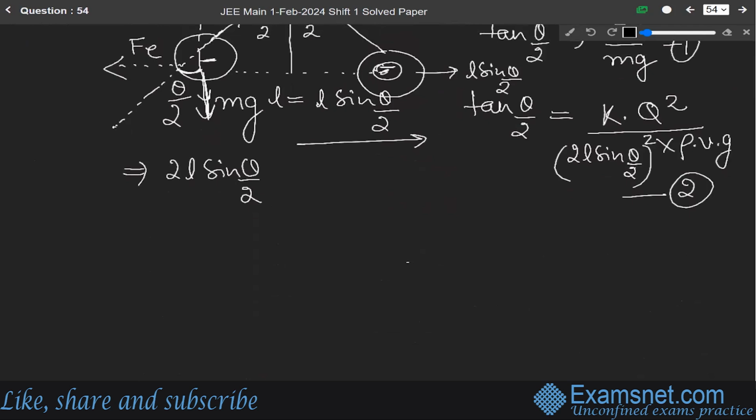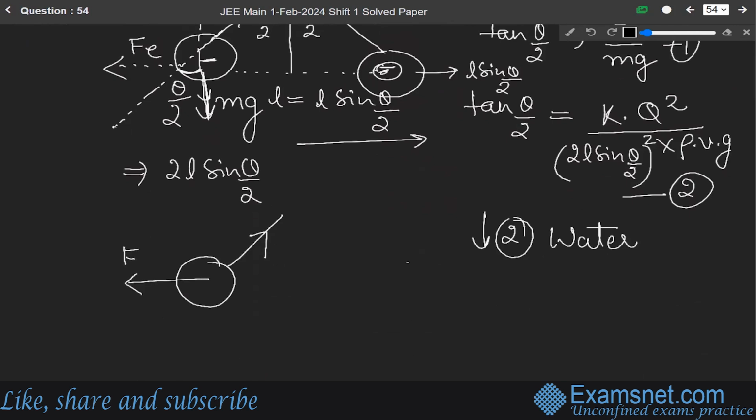So when this whole system is suspended in water, let us consider the second case as water. Let us say this is the sphere, the tension force is acting in this direction, the electrostatic force is acting in this direction, and in the downward direction there is the gravitational force mg. When it is suspended in water, a buoyancy force will act in the upward direction.